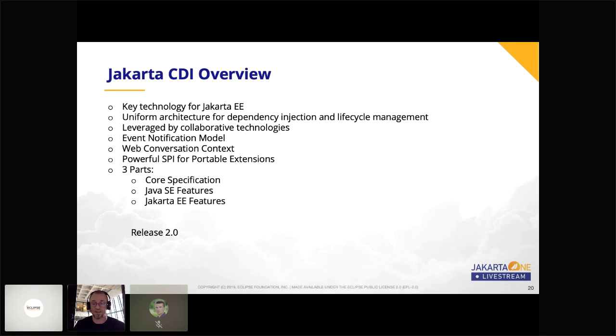It has an event notification model, a web conversation context, in addition to the 3 standard web contexts defined by the Jakarta Servlet specification. It also has an SPI allowing portable extensions to integrate cleanly with the container. Release 2.0 is part of Jakarta EE 8.